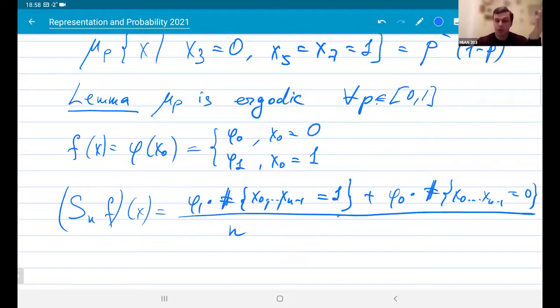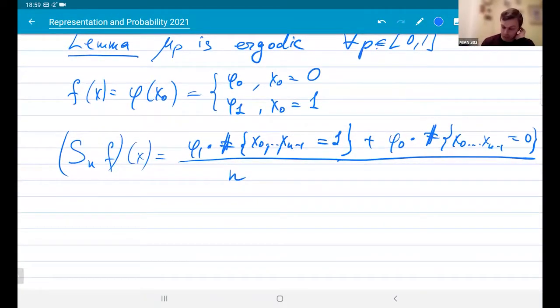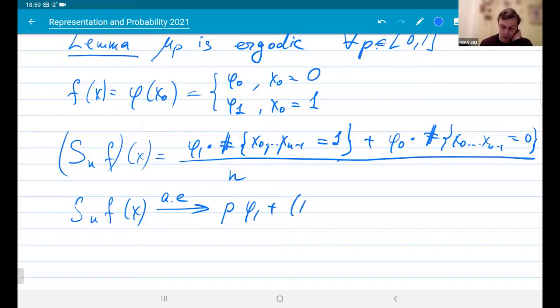So you just take the elements of x from the position 0 to the position n minus 1, count how many zeros and how many ones are in this segment, multiply by the numbers phi_0 and phi_1, and divide by n. So what do we know? We know that almost surely, S_n phi of x converges almost everywhere to p phi_1 plus (1 minus p) phi_0.